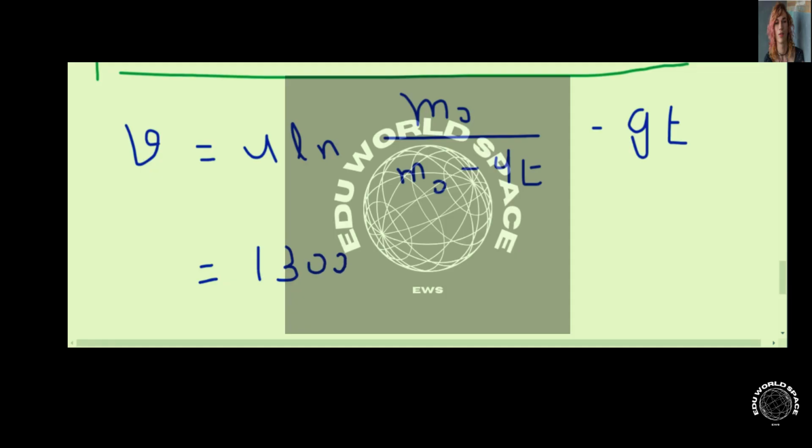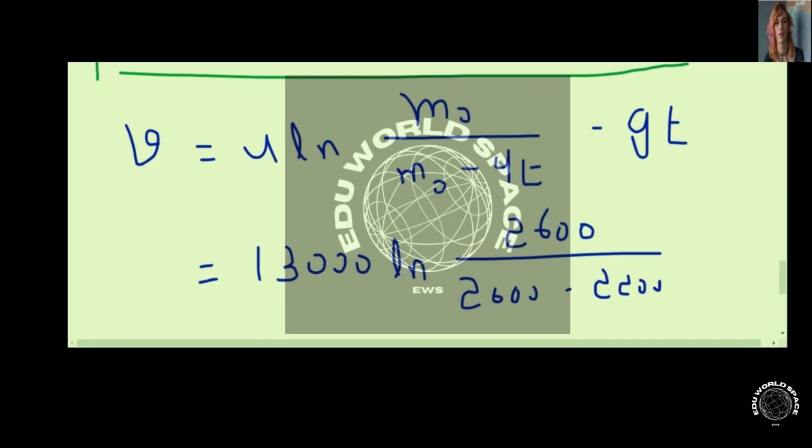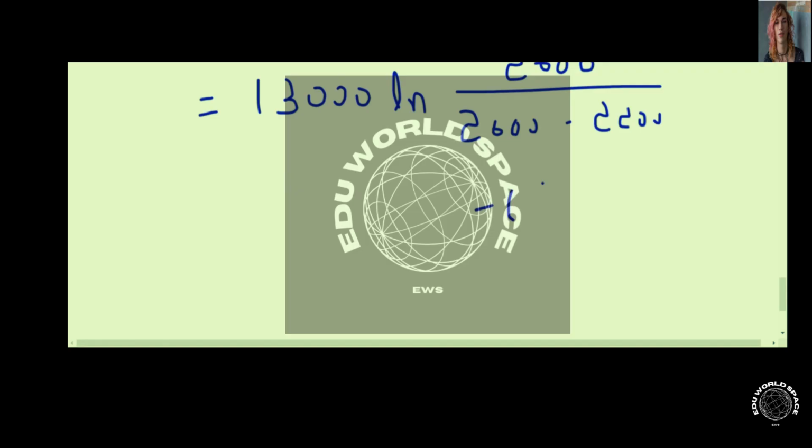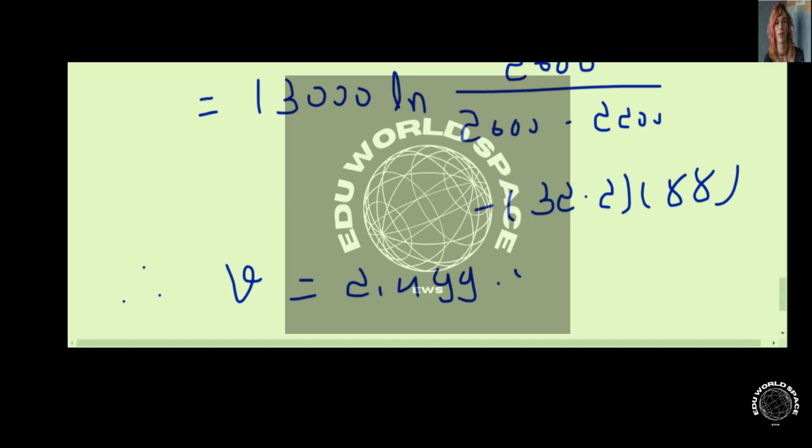So we will have 13,000 ln (2,600 upon 2,600 minus 2,200) minus 32.2 into 88. So finally, V is equal to 21,499.83 feet per second.